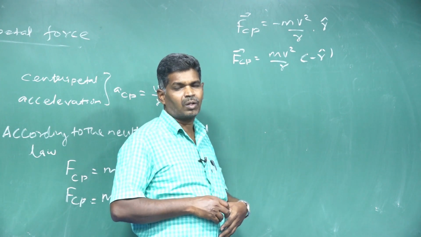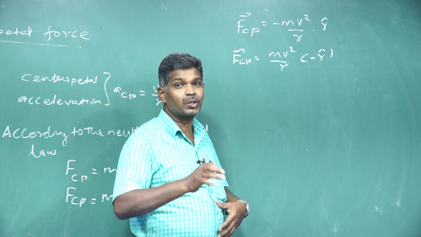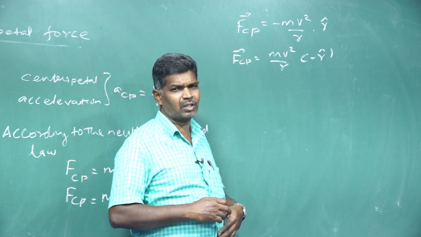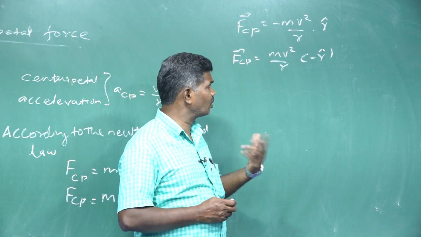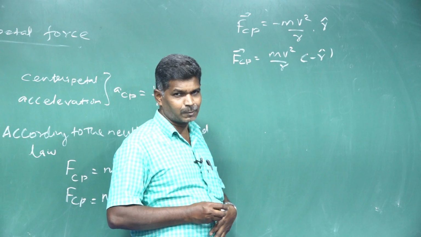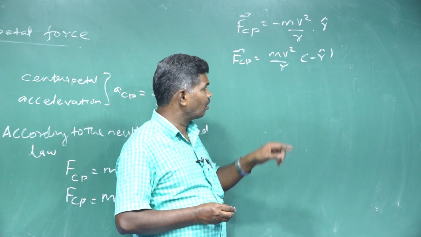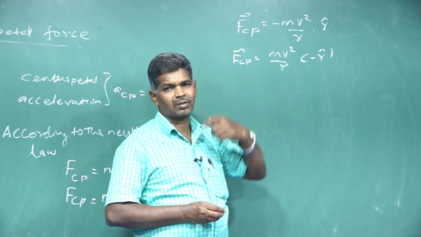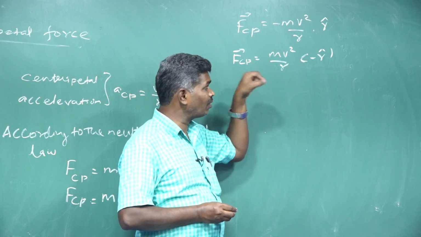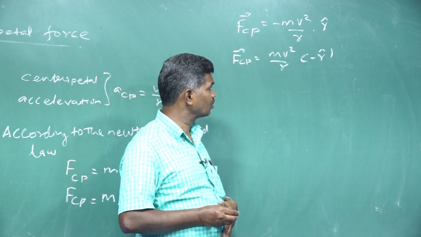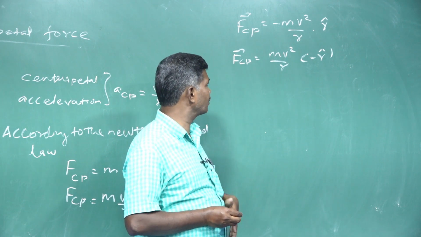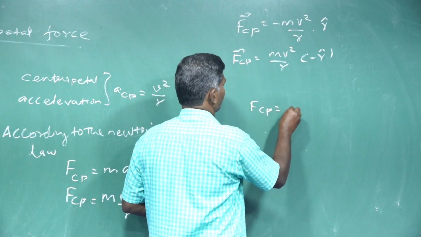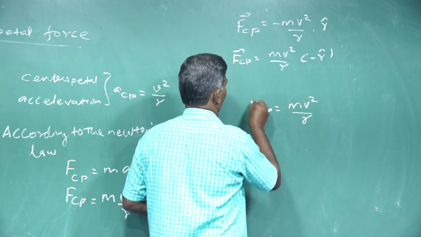While revolving, the electron experiences a centripetal force, exerted by the nucleus. Whatever it may be, the centripetal force formula is this. The r vector acts from the center to the circumference, but minus r vector means towards the center. So overall, the centripetal force can be taken as F_cp equal to mv squared by r.